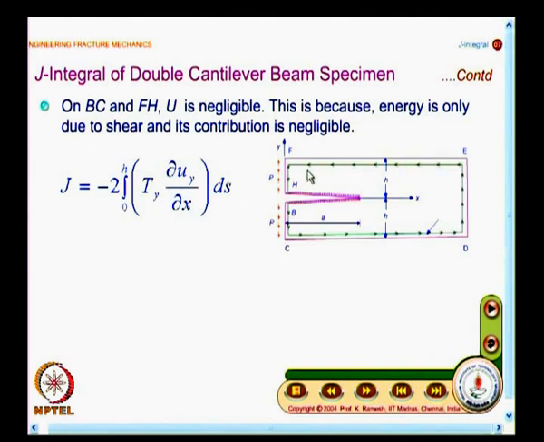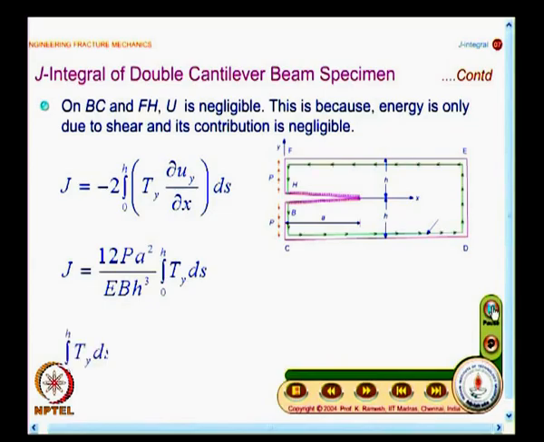And you have to write this moment of inertia. You have the thickness as b, and you will have this as bh cubed by 12 as the inertia term. So, when you substitute all this, this simplifies to this form. I have skipped those steps and I have written the final expression. You have this as 12 P a squared divided by E b h cubed, and you have the integral 0 to h of T y ds.